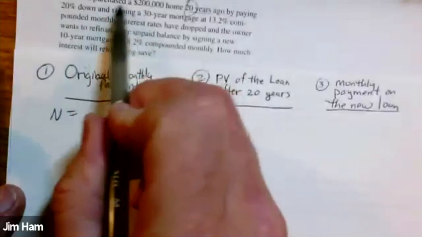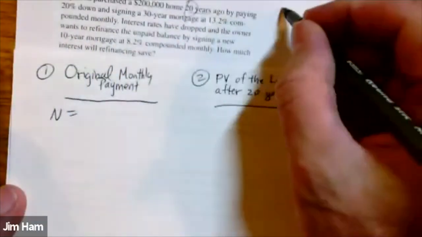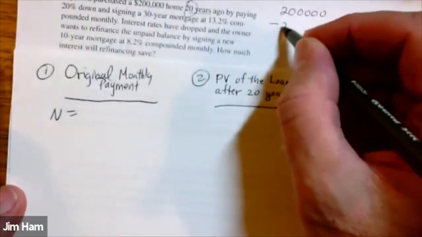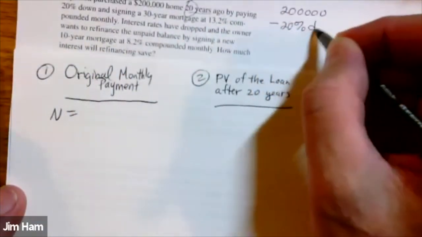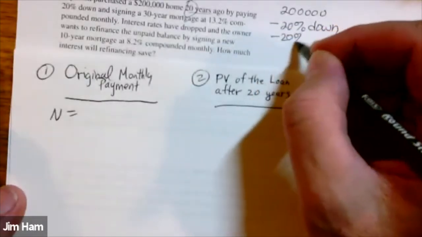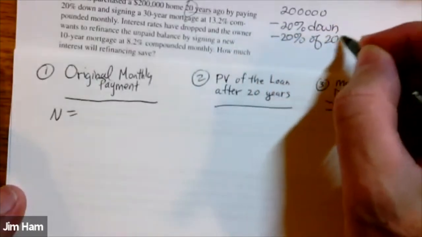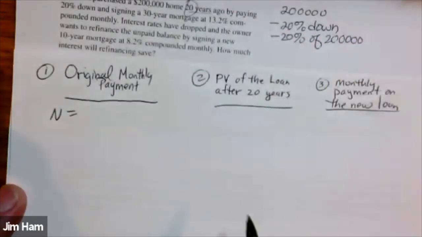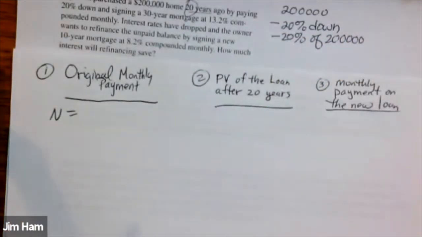Okay, so a person purchased a $200,000 home, but then we have to subtract 20% down. Banks generally will not loan you a mortgage like this unless you put 20% down.